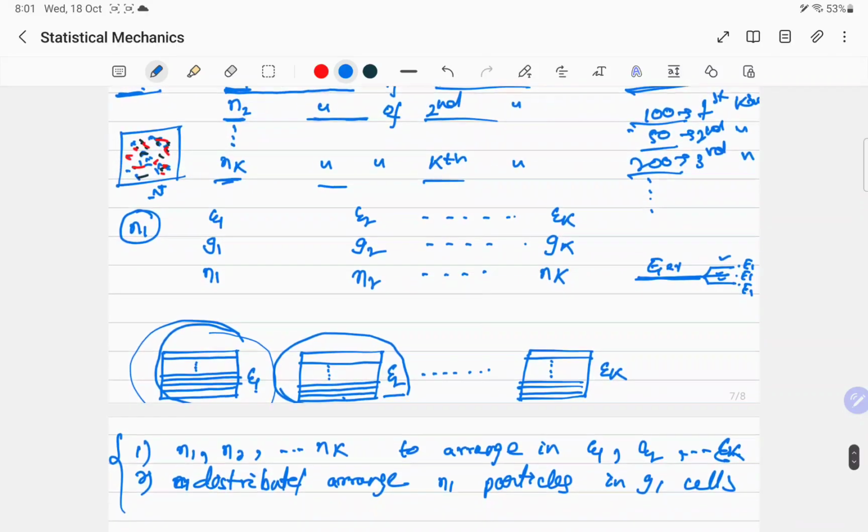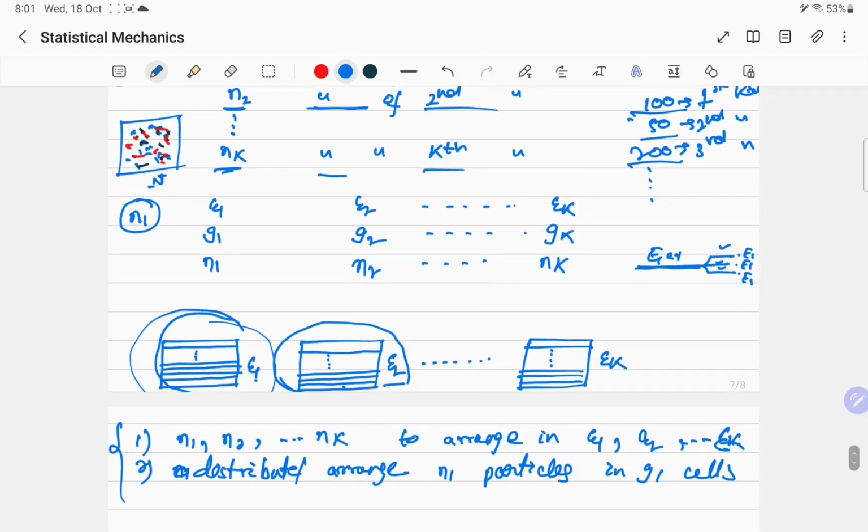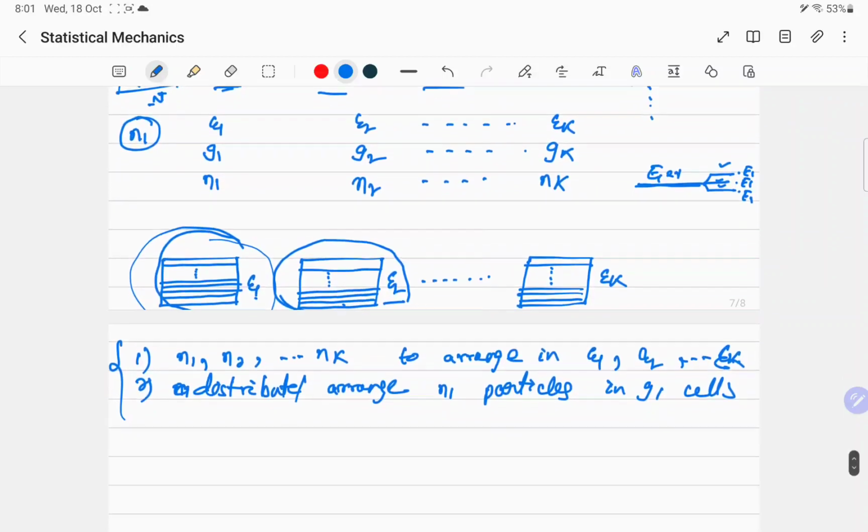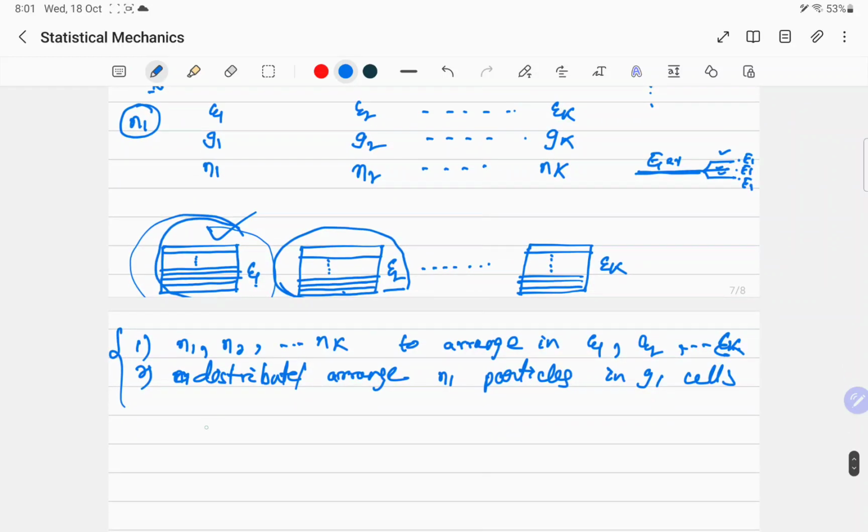So now let's do it. How can I arrange n1 particles from n particles in this epsilon 1 level? It will be n factorial, which is the arrangement of n particles.